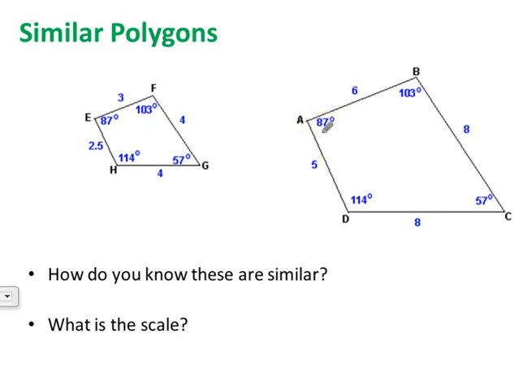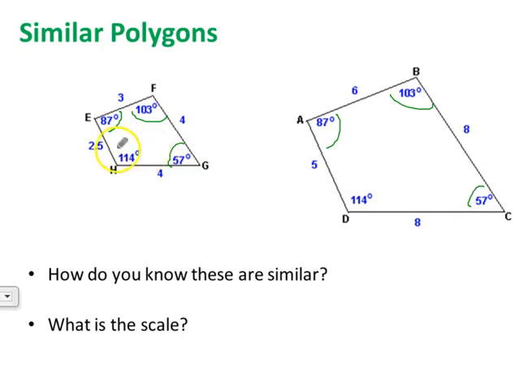Okay, so before we learn about those theorems, let's see how we can prove that 2 figures are in fact similar. So how do we know that these 2 polygons are similar? First, I'm going to look at all these corresponding angles.